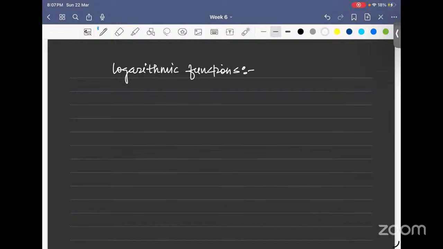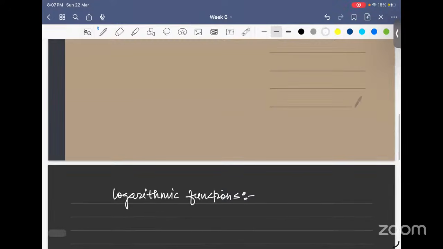So you already have read about the exponential function, right? I guess in the previous sessions you have already read about this function f(x) = a^x, where a is greater than 0 and a is not equal to 1, right?